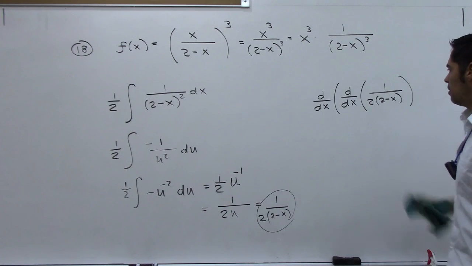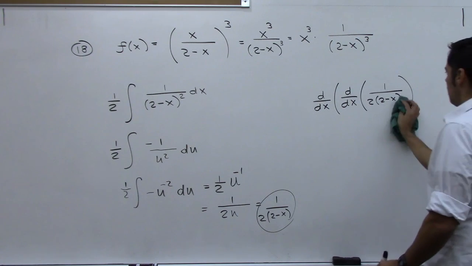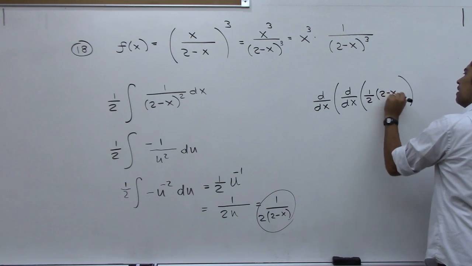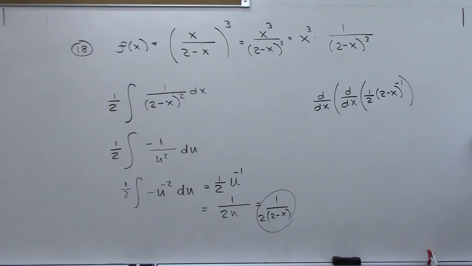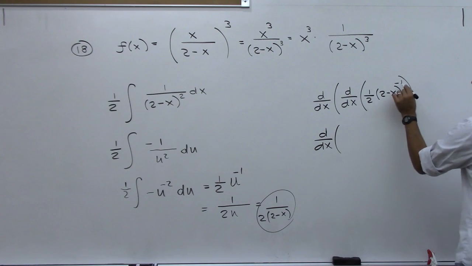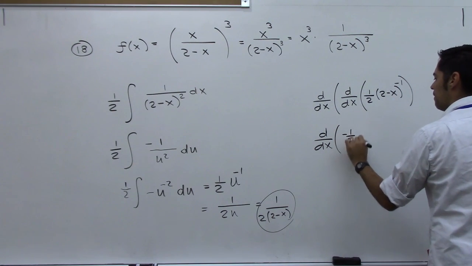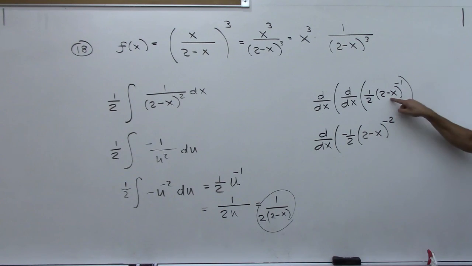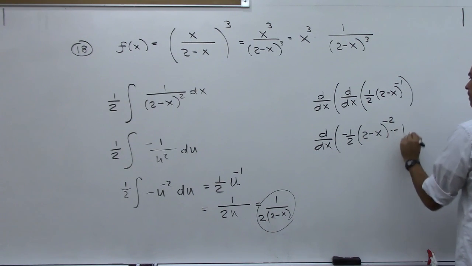Not that, but just this. I'm going to rewrite it like this, so it's easier to differentiate. Okay, that's the original one. Let me do the first derivative; I'll still have another derivative to take. Negative 1 comes out, that's negative 1/2, (2 minus x) to the negative 2, times the derivative of what's inside, which is negative 1.